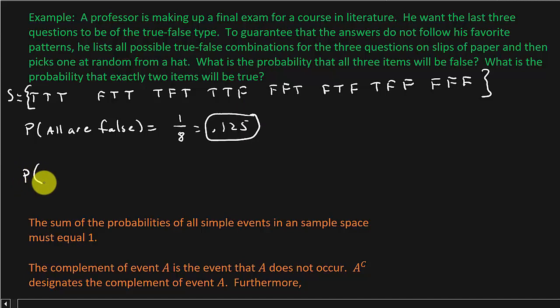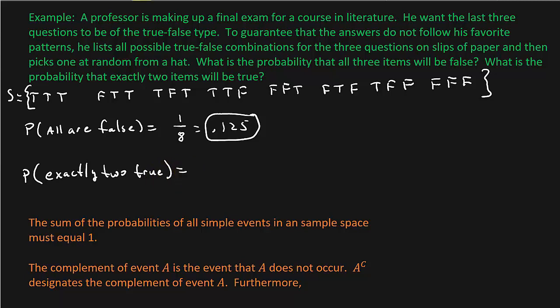And then the next thing they ask: what is the probability that exactly 2 items will be true? All right, so we're going to go through and see which ones have 2 items that are true.